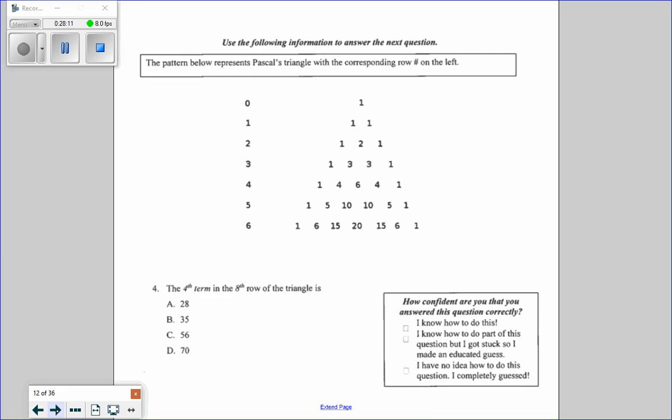I put this in the set theory, but it might appear in the puzzle section as well. It says the pattern below represents Pascal's triangle. You don't have to worry about what Pascal's triangle is. You just have to try to find the pattern. The fourth term in the 8th row of the triangle would be. So we need to figure out what row 7 and row 8 would look like in order to expand on this.